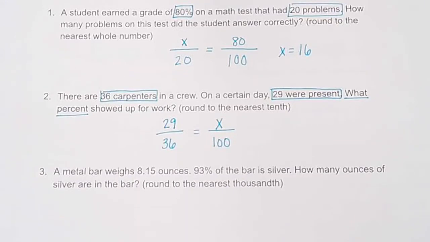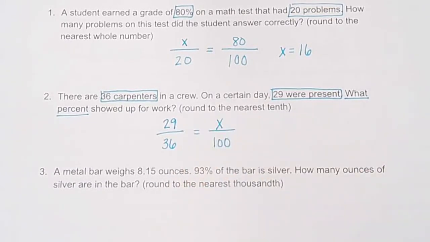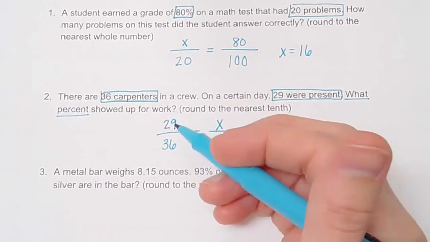Okay? I will say this. If you're ever unsure, most of the time, the smaller number is going to go on top. Now, not every time, so I'd rather you be certain about what goes where, but if you're ever unsure and you just can't figure it out, try the smaller number on top, and we'll see if that works out.